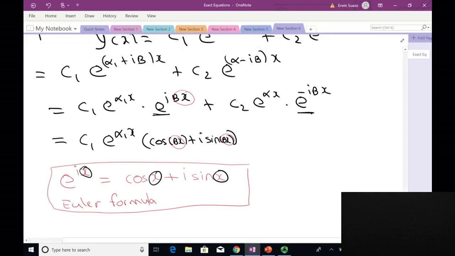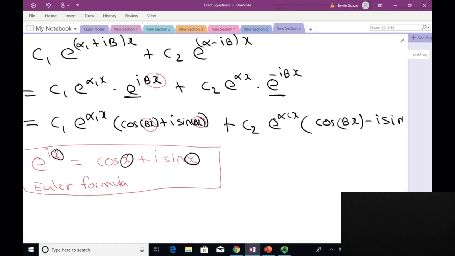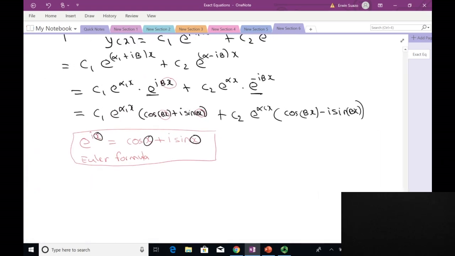So this is plus c2, you have e to the alpha x times cosine beta x minus i sine beta x. So that's what we got. So this is alpha x.